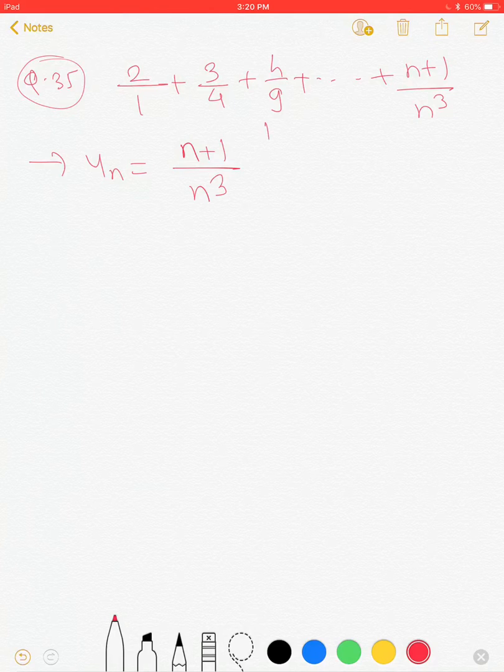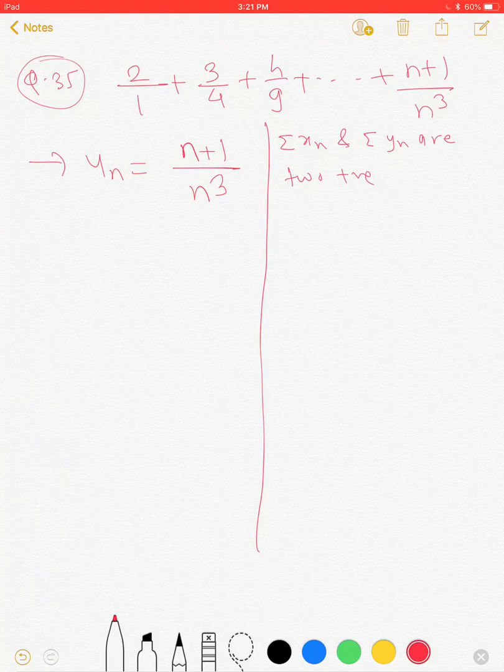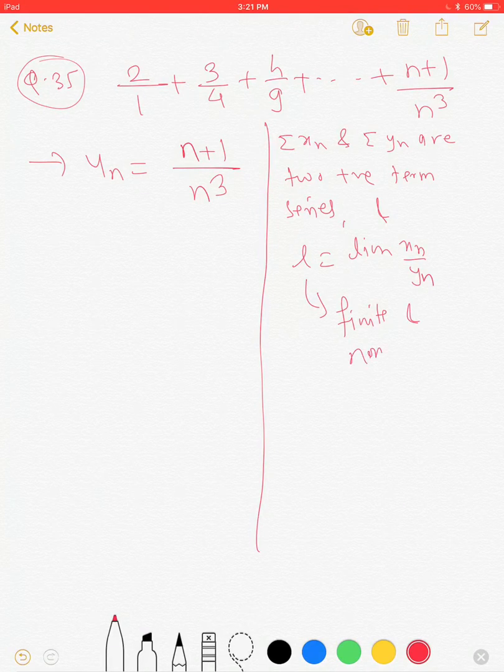We know that there is one test to check convergence of such a series. If xn and yn are two positive term series, and if L is equal to the limit of xn upon yn is finite and non-zero, then xn and yn behave alike, that is, both series converge together or diverge together.